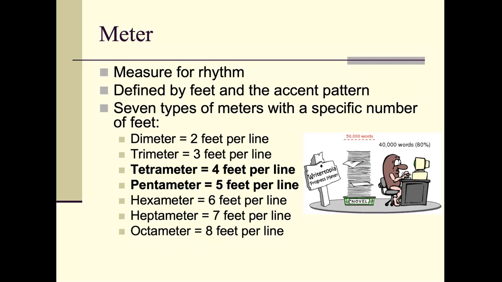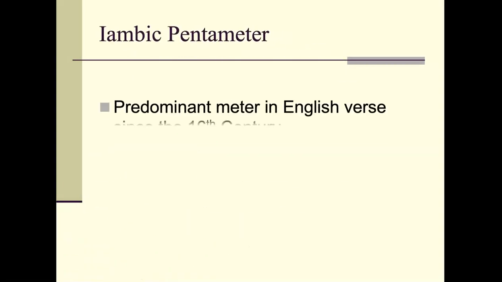I'm not going to read this list to you because you can see it, but what I do want to highlight for you is that Shakespeare liked to stick to tetrameter and pentameter, with 4 feet per line or 5 feet per line. And that would be 8 syllables or 10 syllables altogether per line.